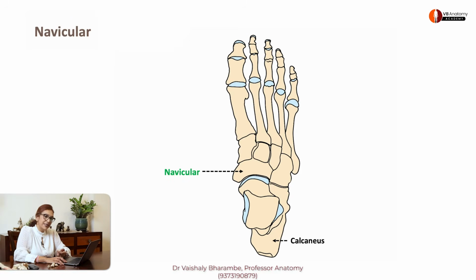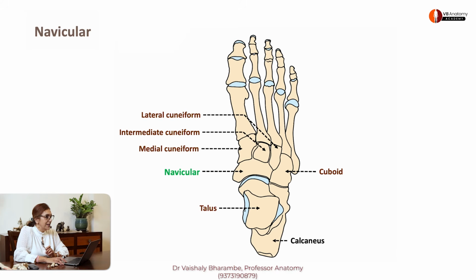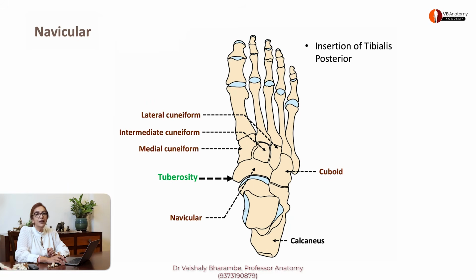Here you can see this is the navicular, proximally articulating with the talus, laterally with the cuboid, distally with the 3 cuneiform bones. Navicular on the medial side shows presence of a beautiful tuberosity. This is the tuberosity where there is attachment of the tibialis posterior muscle majorly.